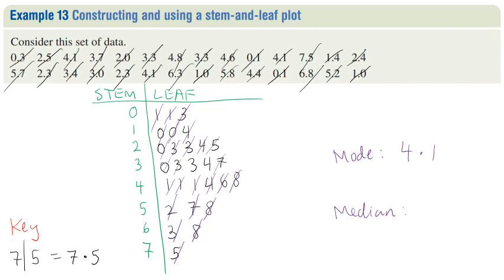Oh, so here we've got two numbers that are in the middle. So it's between 3.3 and 3.4. Then I divide by 2. So my median is 3.35. So you can use your calculator for that.